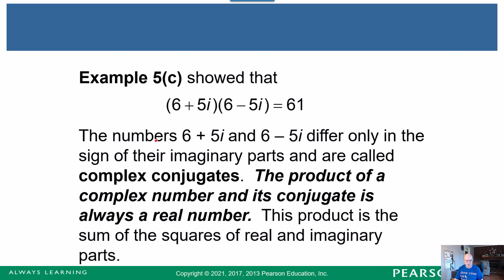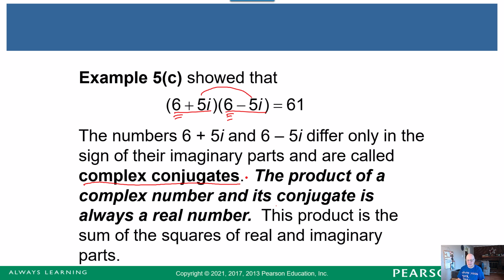One last thing before we leave. These two, if they have the same real part, but the imaginary parts are the same but with different sign, that makes them complex conjugates. Complex conjugates. Make sure you pronounce that correctly.